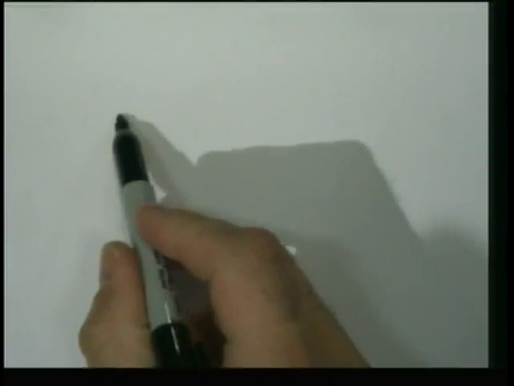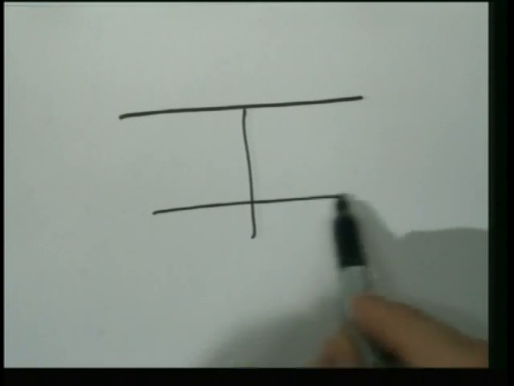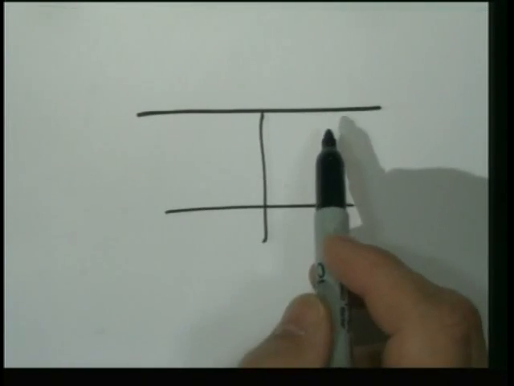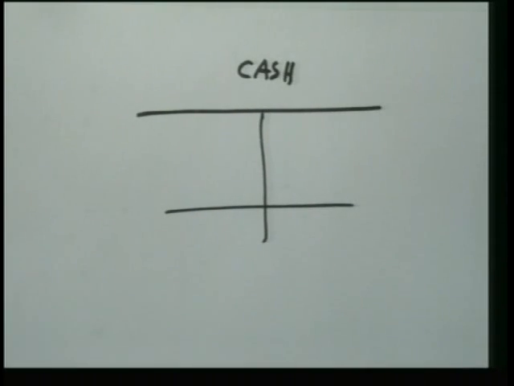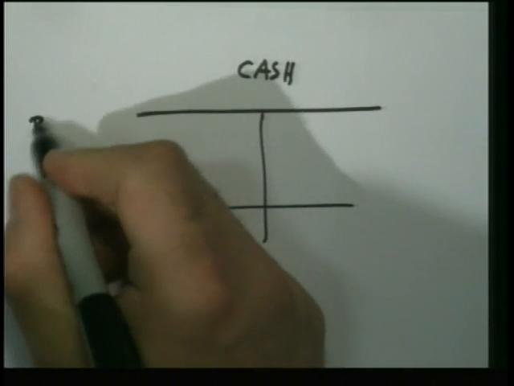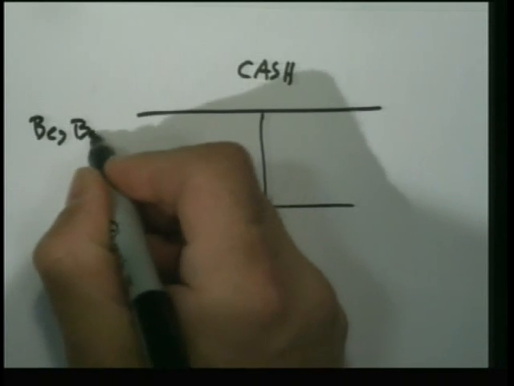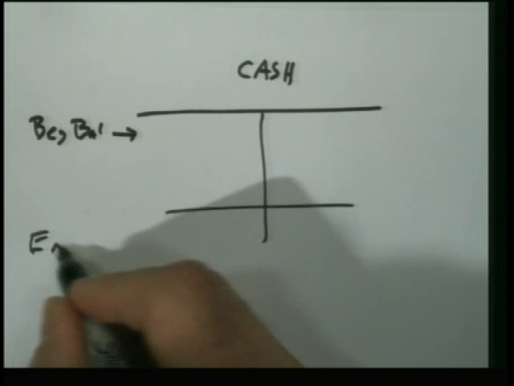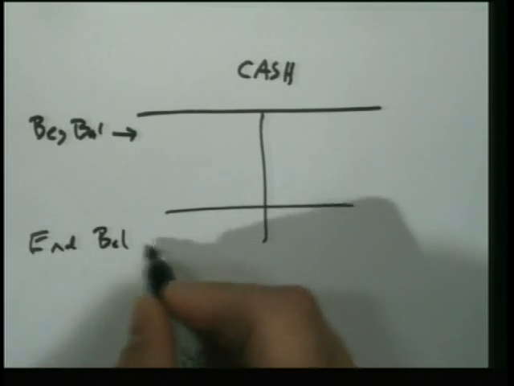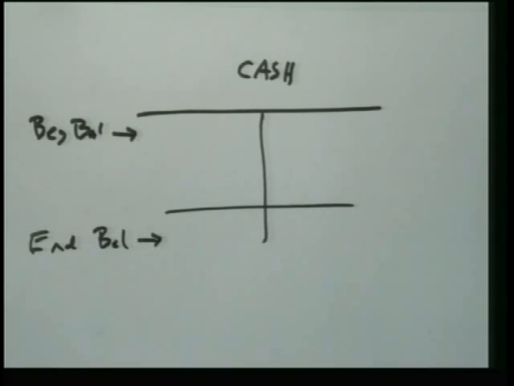We are dealing with cash here, so let's do a cash T account. We know this is the debit side and this is the credit side. Is cash a debit balance account or a credit balance account? Debit. Thus the beginning balance will show right here, and the ending balance, providing it's a normal ending balance, will show right here. Is that correct?